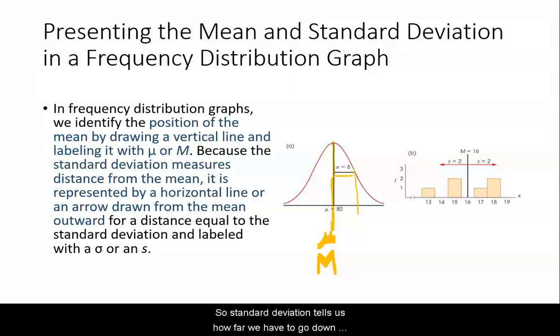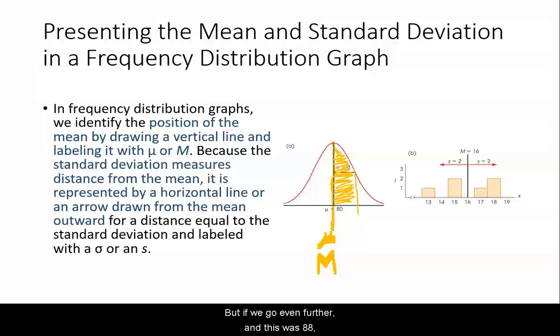Standard deviation tells us how far we have to go down our curve to represent one average distance from the mean, which is what standard deviation is, the average distance from the mean. So if you have a score that is within one standard deviation of the mean, the middle, then your score is going to fall somewhere in here. Now there's a whole bunch of scores in there.